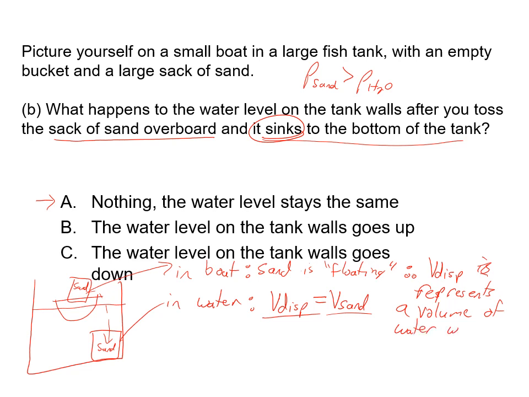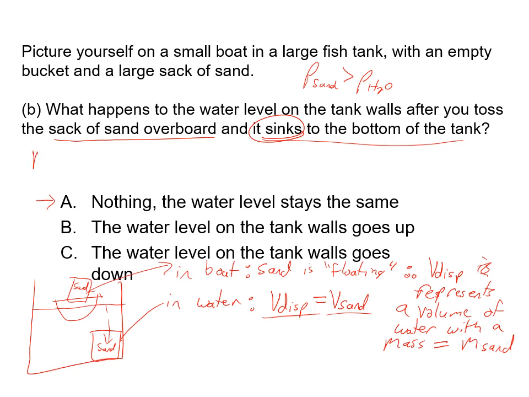Because that's what happens when something floats. The mass of the object is exactly equal to the mass of the fluid that's being displaced. Okay, so that's the key here. The mass of the sand is going to be equal to the mass of the water that's being displaced.